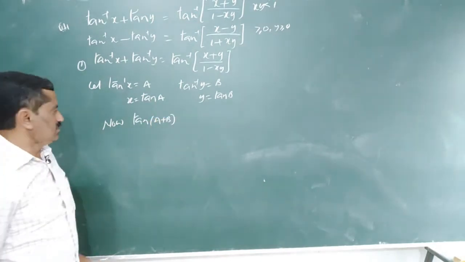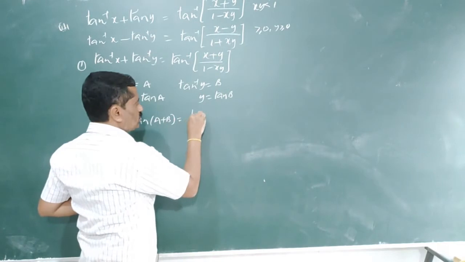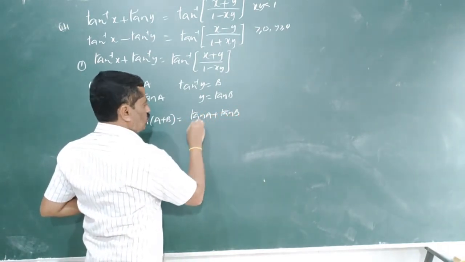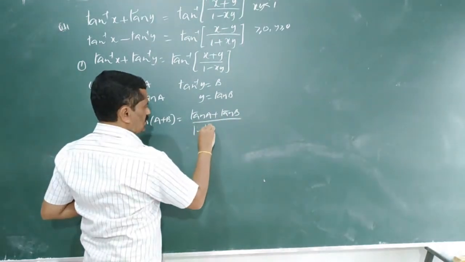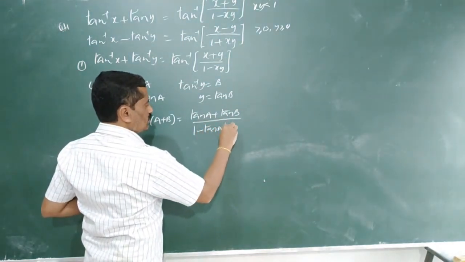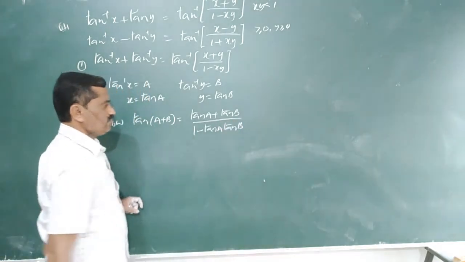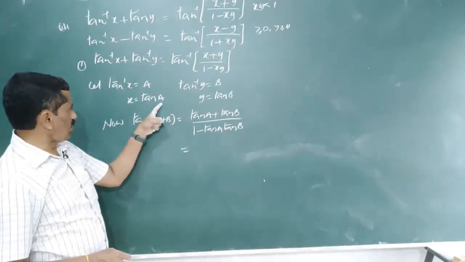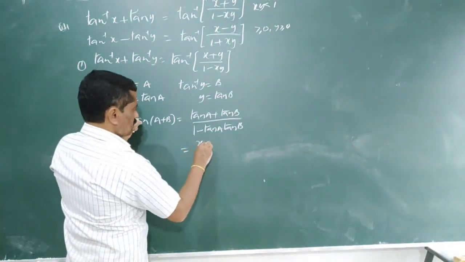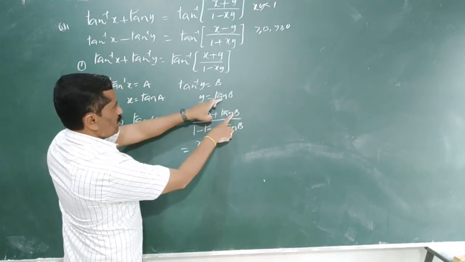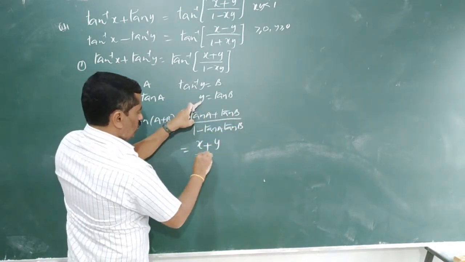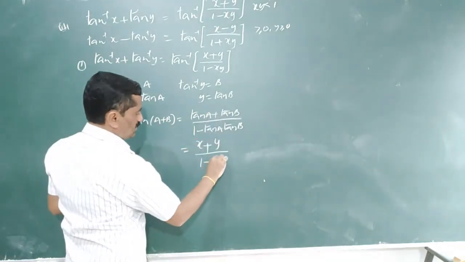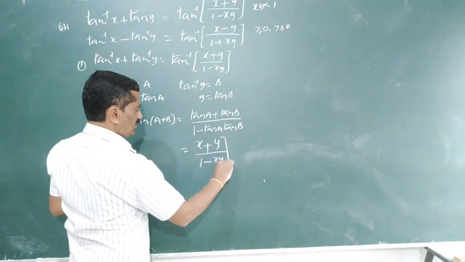We have the formula: tan of (a plus b) is equal to (tan a plus tan b) whole divided by (1 minus tan a into tan b). Again, now we have the value of tan a, that is x, plus tan b, the value is y, whole divided by 1 minus x into y.